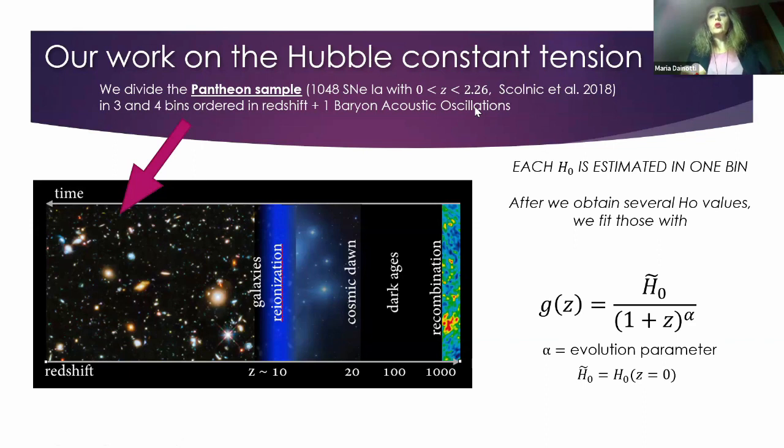And of course, we could mimic this evolution with a given function. The function for the evolution is this function that I'm showing here. It's a pretty standard function that has been used for GRBs and supernovae, but mainly it is a good function for observations at relatively small redshift.